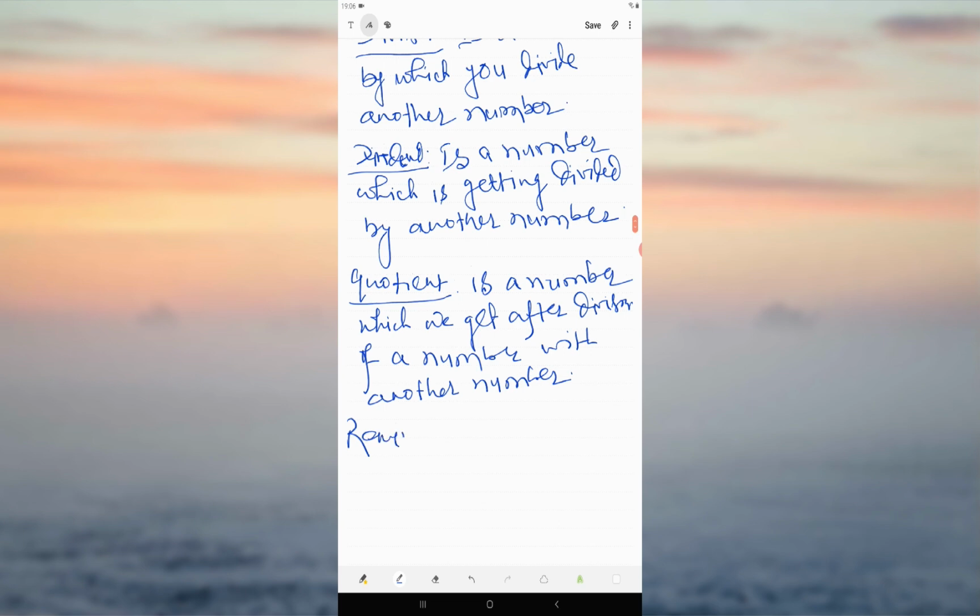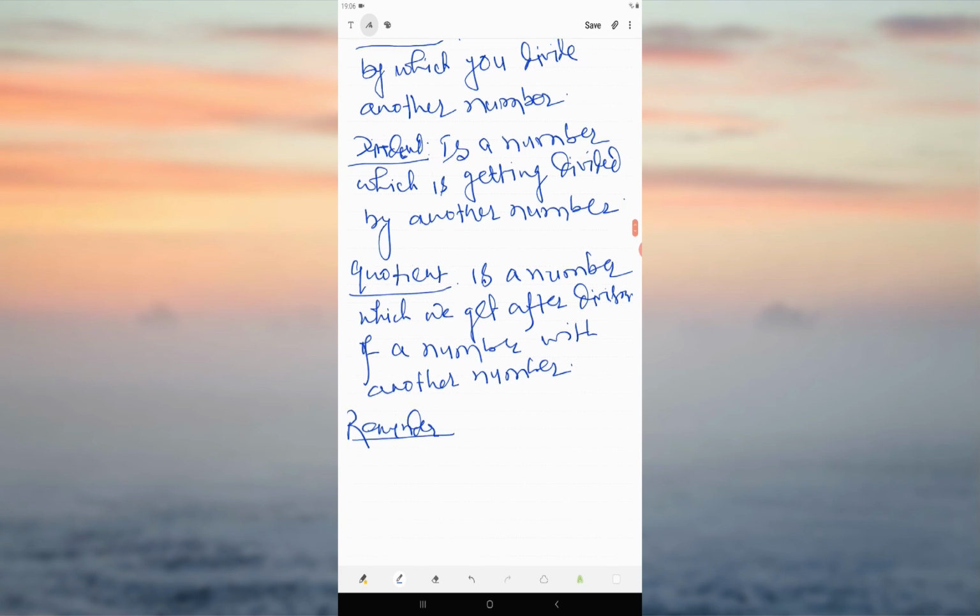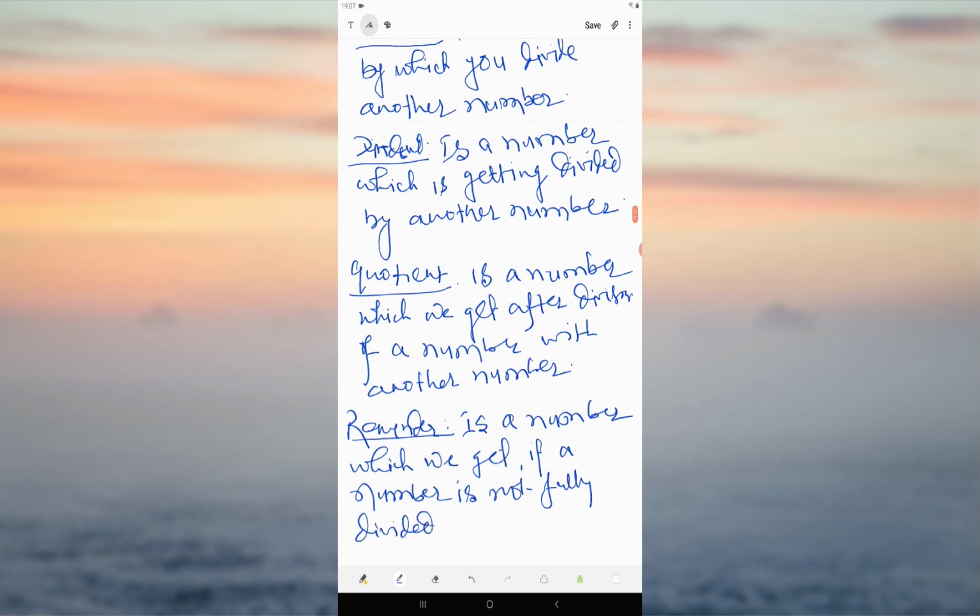What is the remainder? So the remainder is a number which we get if a number is not fully divided by the other number.